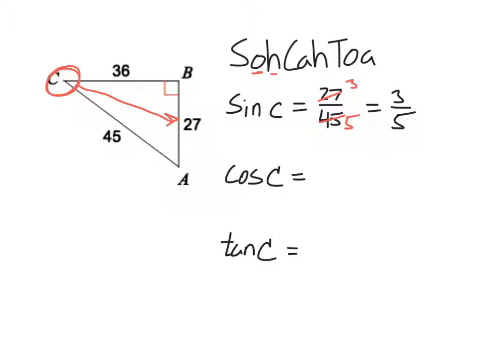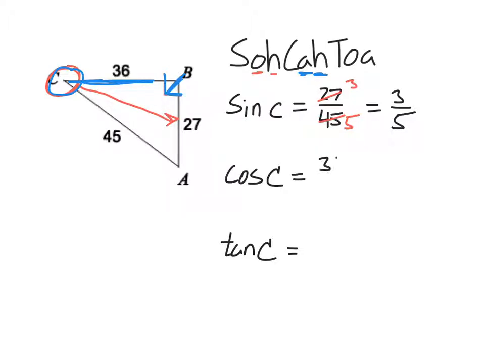We do the same thing for cosine, but cosine is adjacent over hypotenuse. Well, the hypotenuse is always the side that the right angle is pointing to. So 45 is always the hypotenuse. So relative to our angle C, this side is adjacent to it.